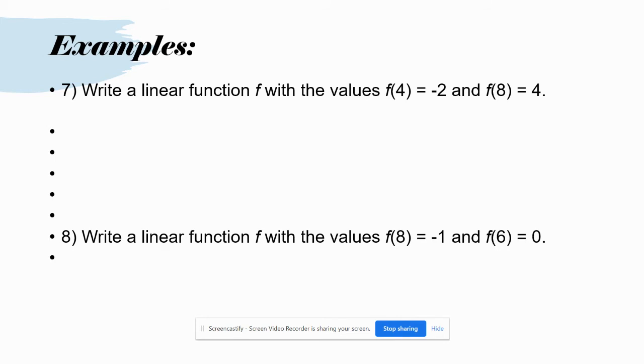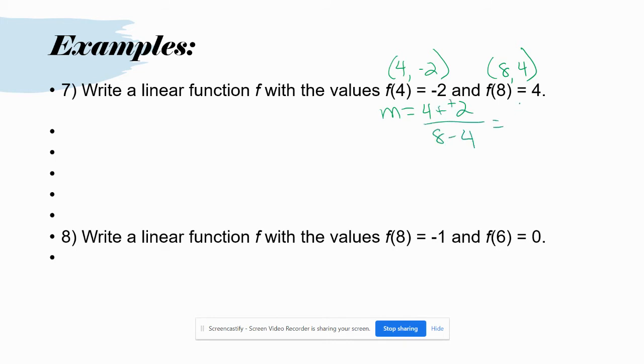All right. Remember that f of 4 equals negative 2 means we have an ordered pair of 4, negative 2. And f of 8 is equal to 4 gives us an ordered pair of 8, 4. So we have slope 4 minus negative 2 over 8 minus 4.